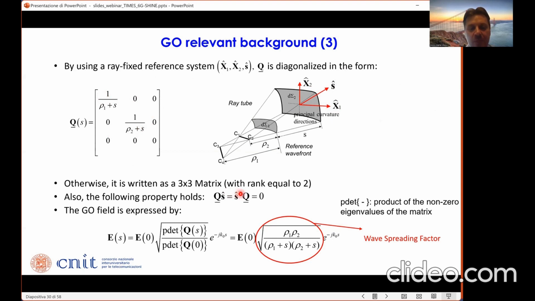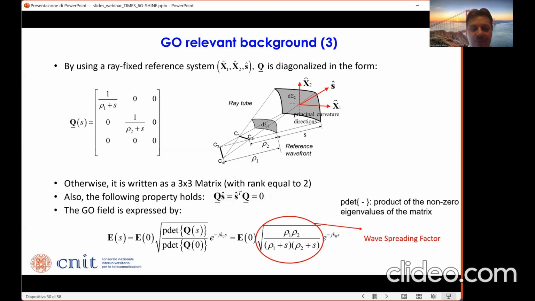One more property I want to highlight is that by definition, the product of the Q matrix by the s unit vector, which indicates the direction of the ray, is equal to 0.